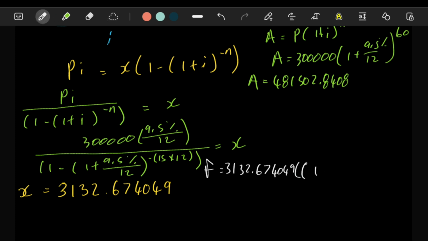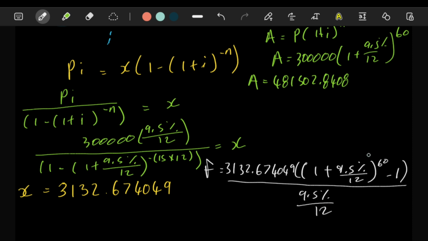This is just 1 plus i, where i is 9.5% over 12, compounded monthly for 5 years. And then this is over the interest.